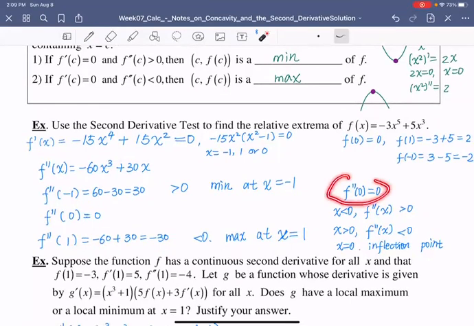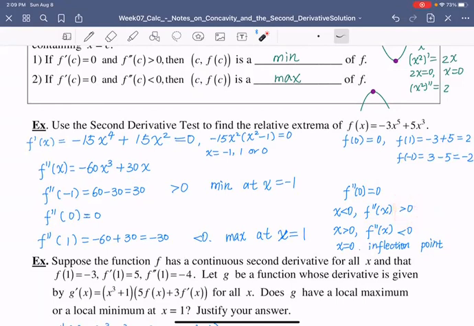And this question does not ask us for the inflection point, but we are just curious. We want to see, is this point an inflection point or not? So we can do the extra step, okay? This step is not required to answer this question, but we are just like a curious judge. When x is less than 0, your double prime is bigger than 0, correct?